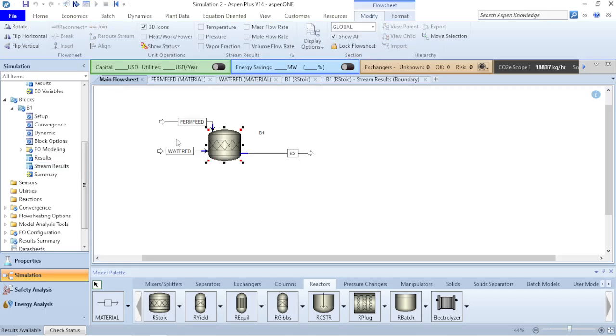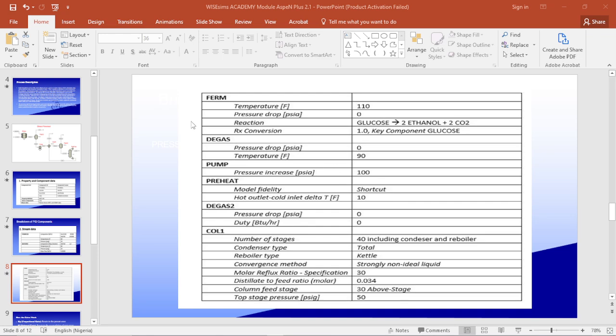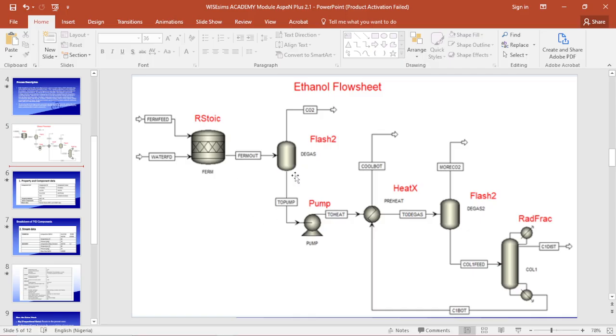Alright, so having done this, now the next thing I need to look at is, let's get back, I was supposed to degas. So I'm supposed to be adding a flash drum to this. Let's just look at what we have in the question. From here you can even see we're supposed to degas.